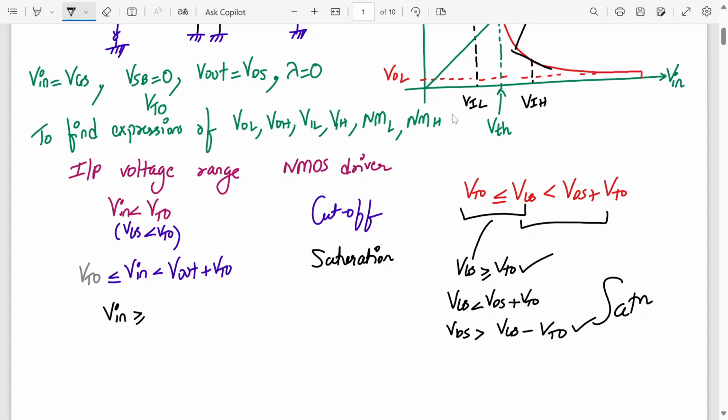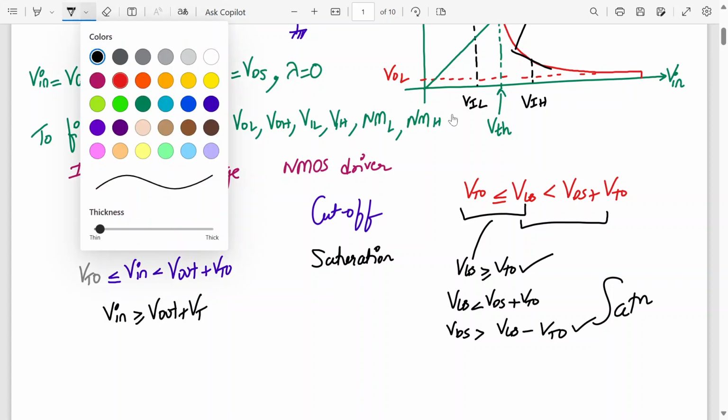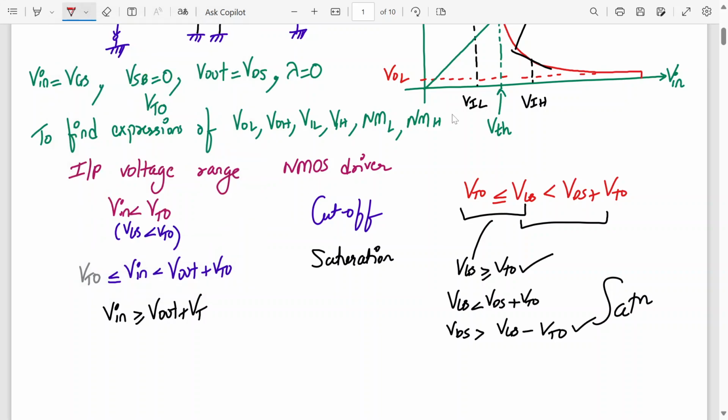Vin is greater than or equal to Vout plus VTO. So how can we write the statement again? Vin greater than or equal to Vout plus VTO. So Vin is nothing but VGS greater than or equal to VDS plus VTO.